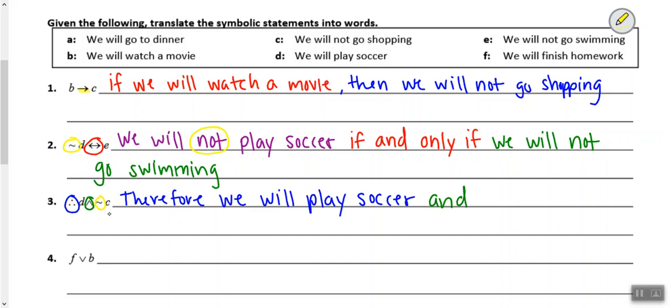So 3 dots, therefore we will play soccer, and D, we will go shopping. So my original statement had the not in it. So to negate it, I took the not out.